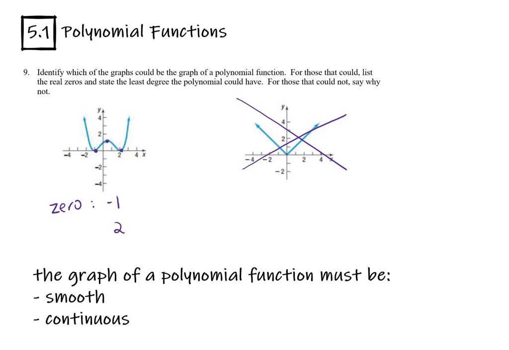So since it has 3 turning points, it must be at least a 4th degree polynomial. So make sure that your degree is always at least one number more than the turning points.